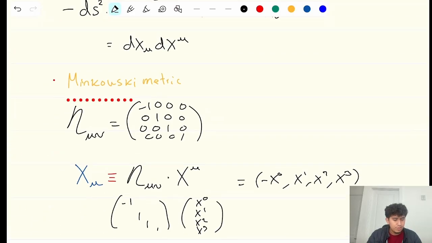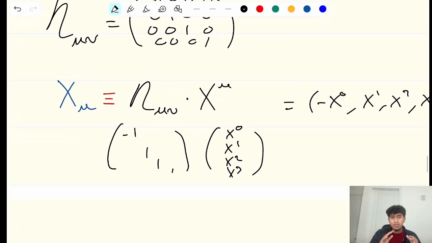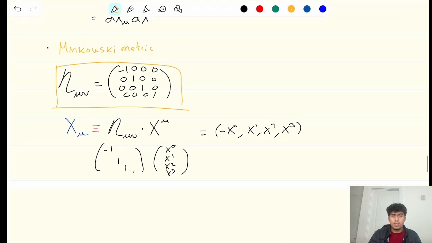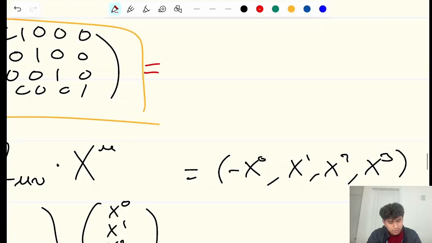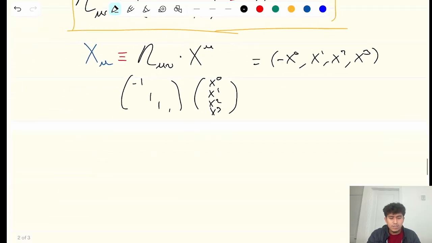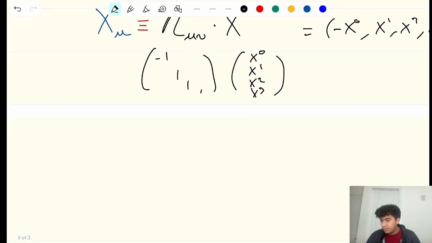Just do the multiplication, you get that. So essentially the Minkowski metric just allows you to raise and lower indices. Its inverse is just gonna be the same matrix, but instead of lowering the index, it's gonna raise the index. Cool.